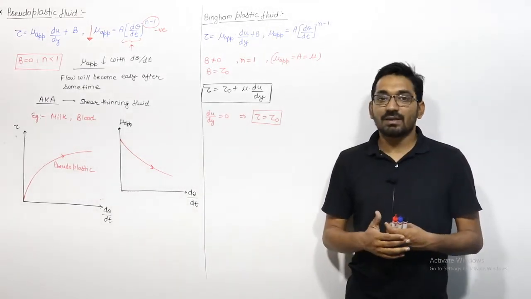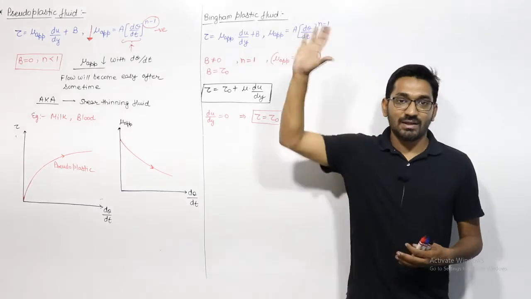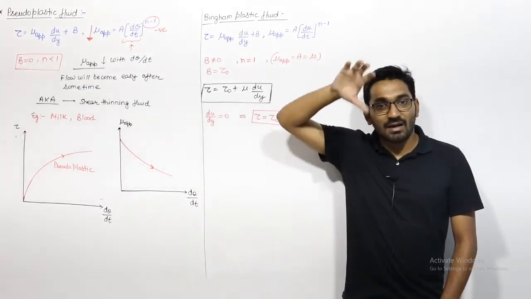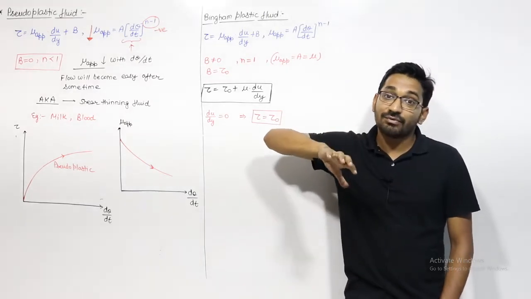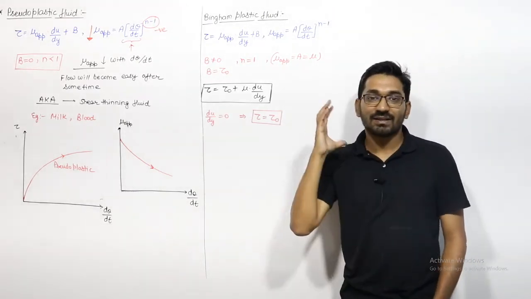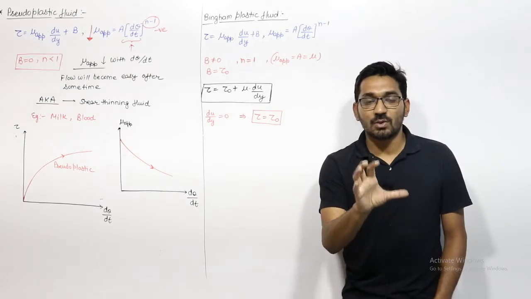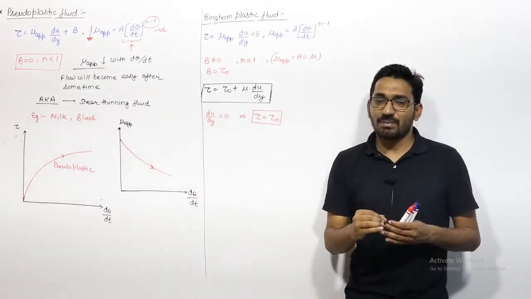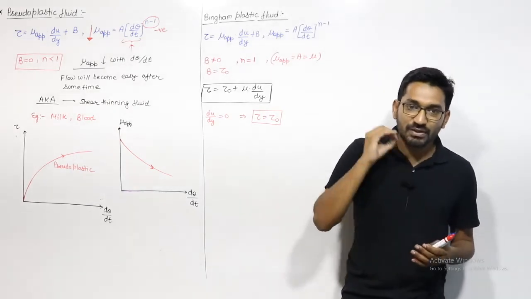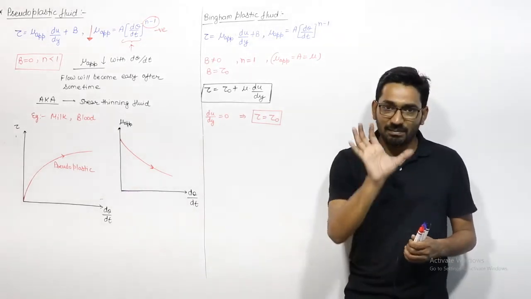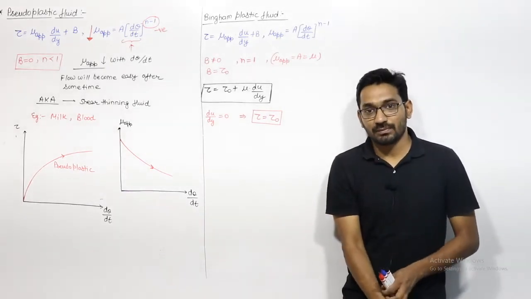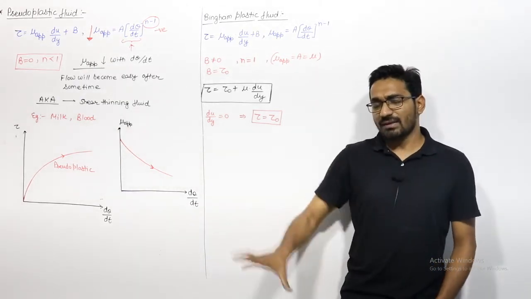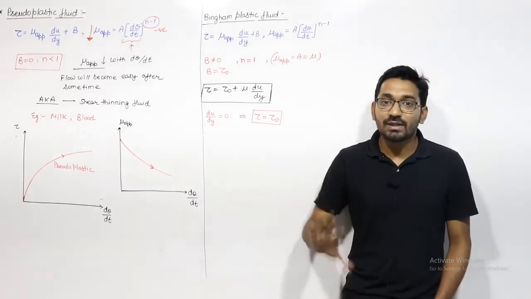If you remember the previous discussion, the first basic definition of fluid, we say that the fluid is that substance which can flow however small the shear stress you apply. Any small shear stress you apply, the fluid must flow. That is the basic definition of the fluid, right? But just remember, that definition is valid for Newtonian fluids.